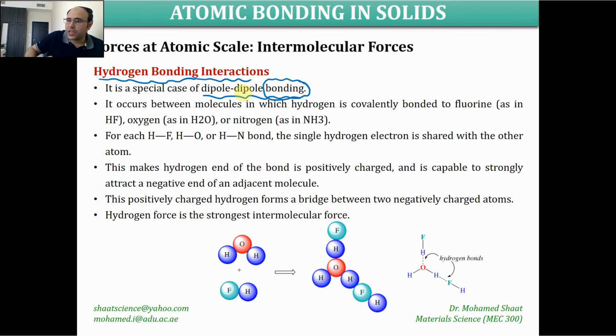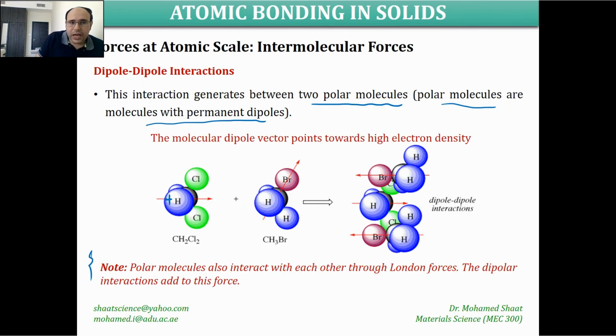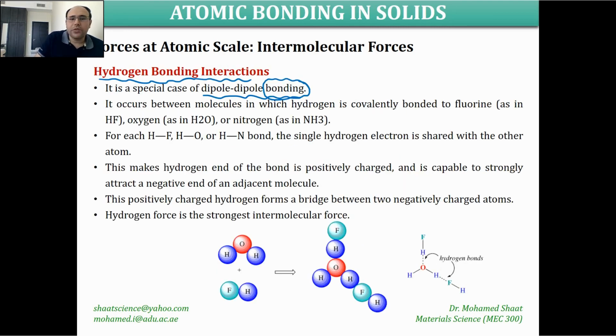It is a dipole interaction, yes, but it is stronger, and it could be used for building a molecule, for building a material, and it could be counted as one of the types of the bonding forces. We can add it as a bonding force. But you should understand that this type of force is located as intermolecular forces, not intramolecular forces. So it is a special type of dipole interaction or dipole bonding because it is very strong.